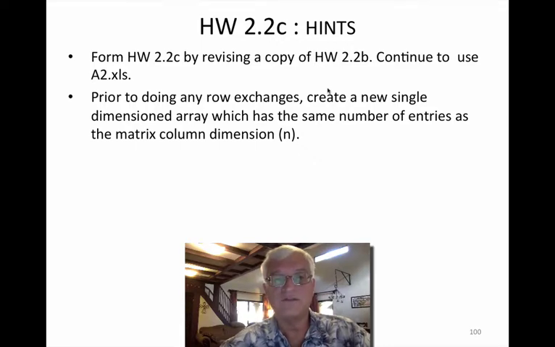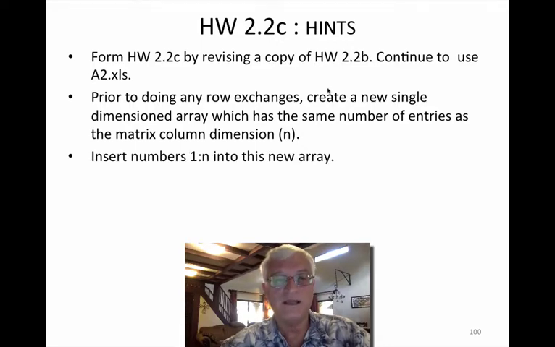Instead, you're going to have this linked list that you're going to create, and this linked list will be initialized as soon as you read the data in. Before you do any logic, you're going to initialize your linked list array from 1 to n. Remember, it's a single dimensioned array. It is not a doubly dimensioned array. So you just assign number 1 to position 1, number 2 to position 2, and so forth.